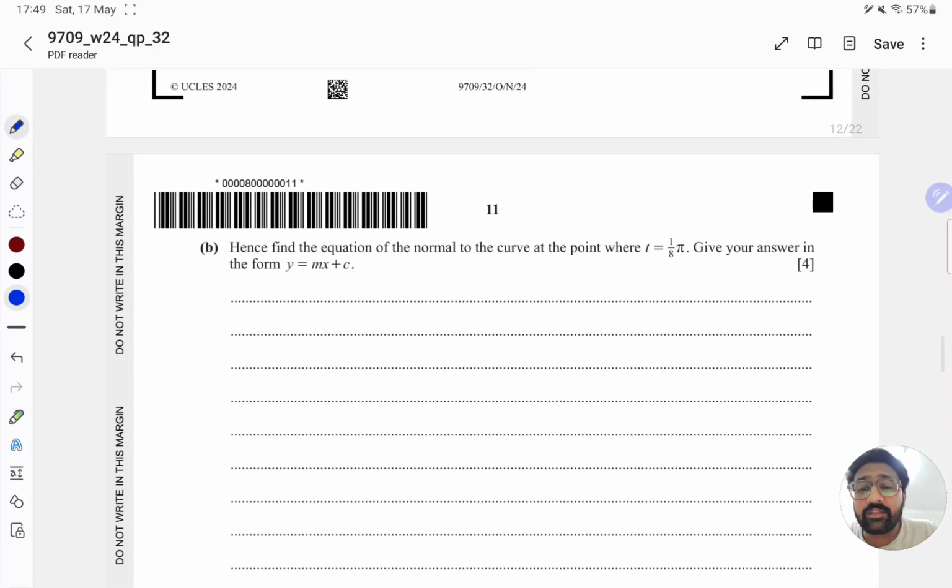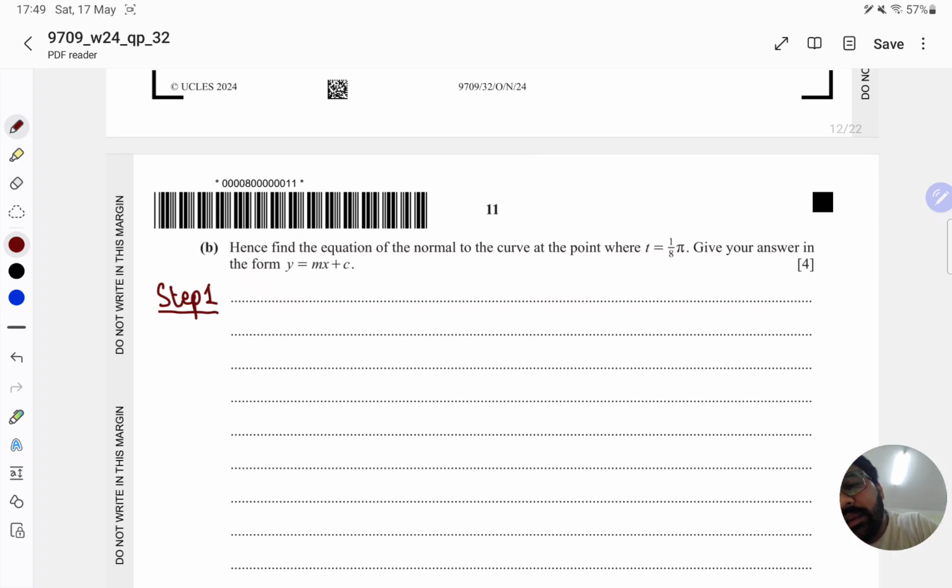For the next part it says, hence find the equation of the normal to the curve at the point where t is this. So for finding the equation, we need to have the gradient and we need to have the coordinates of that specific point. So let me write it in the form of steps so that it's easy.